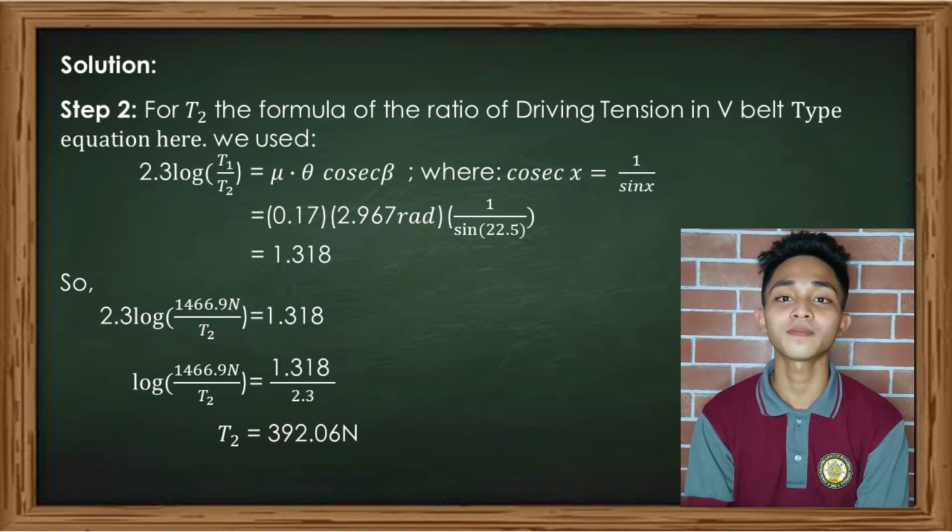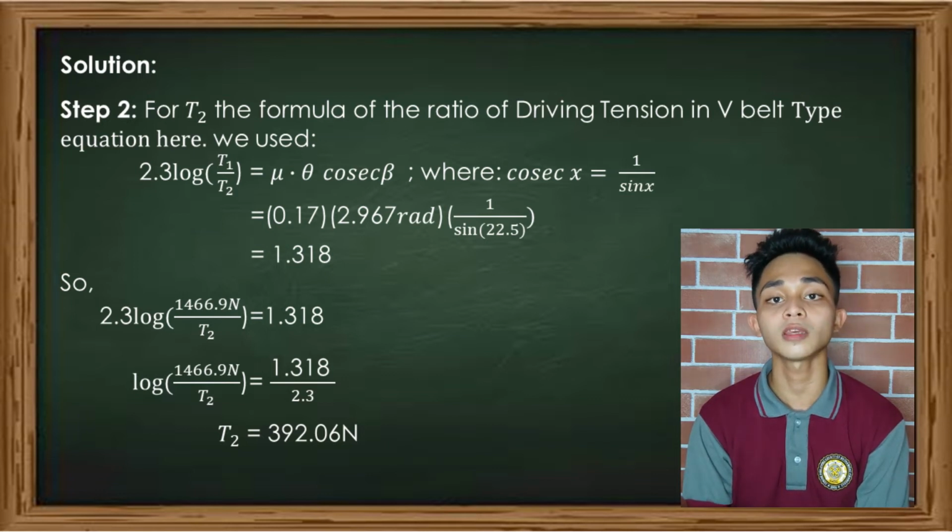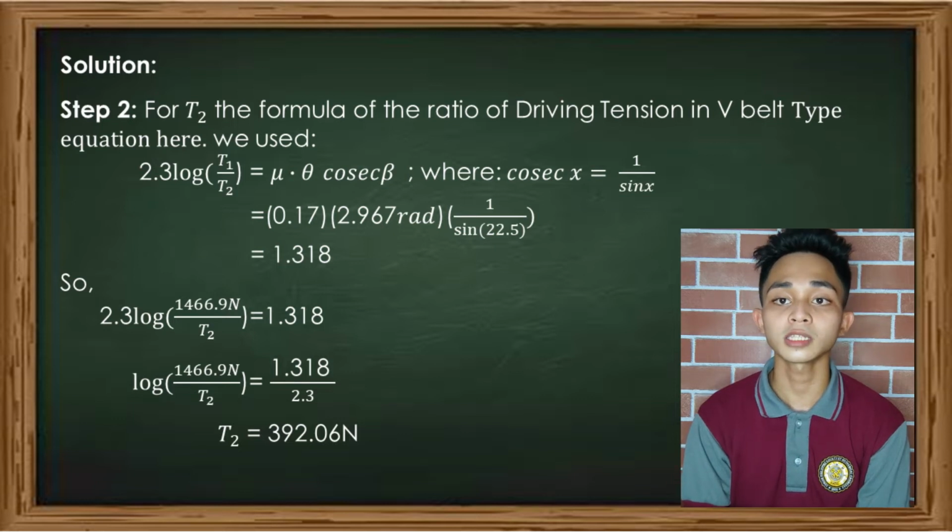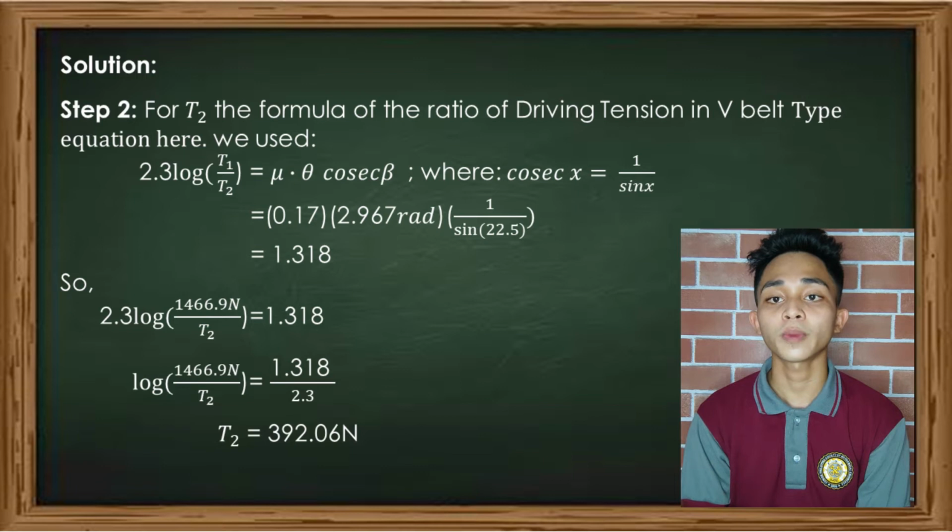For step 2, we already have T1, so let's now solve for T2. For the ratio of tensions in a V-belt, we use the formula 2.3 log of the quantity T1 over T2 is equal to the coefficient of friction times the angle of lap times cosecant beta, where cosecant x is equal to 1 over sine x. So substitute the givens: the coefficient of friction mu is 0.17 times 2.967 rad times the quantity of 1 over sine of 22.5. So it is equal to 1.318. We get 2.967 rad because the angle of lap is 170 degrees times the quantity of pi over 180.